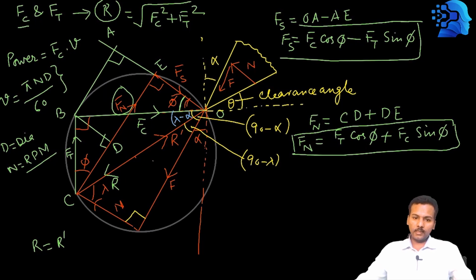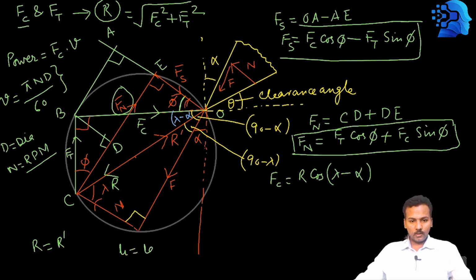Suppose that in this triangle, the relationship between R and Fc is Fc equal to R cos of lambda minus alpha. If the coefficient of friction is given, then from that the lambda can be calculated, mu equal to tan lambda. And if the rake angle alpha is given, then you can calculate the value of R directly from this equation.